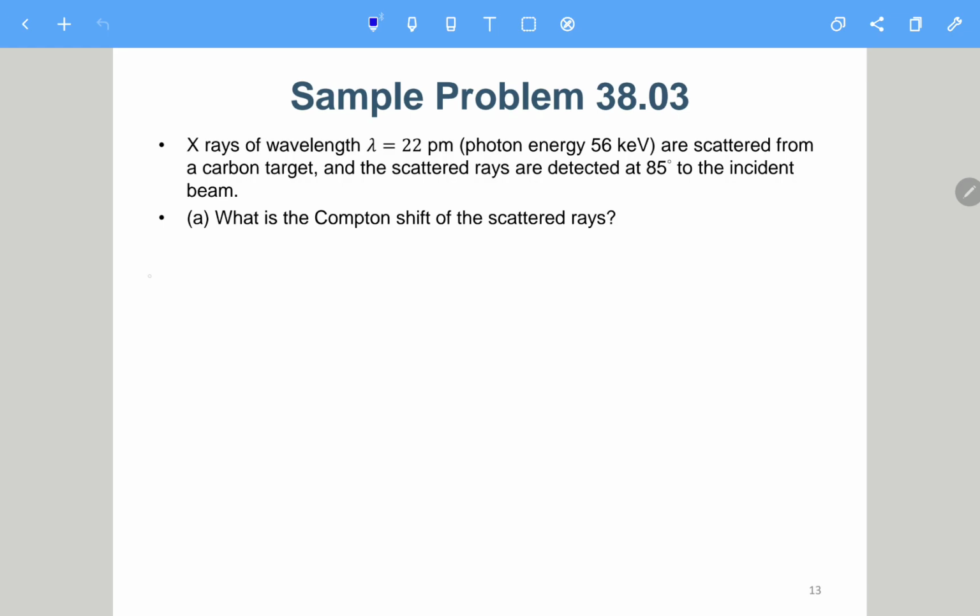So this is easy. We just need to plug the values into the equation.